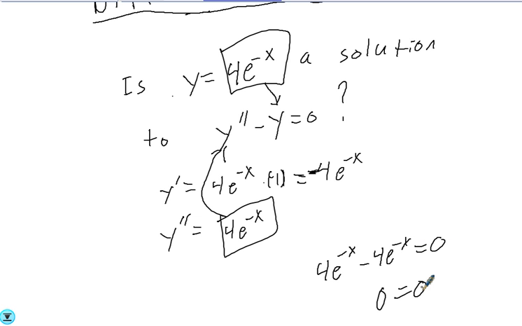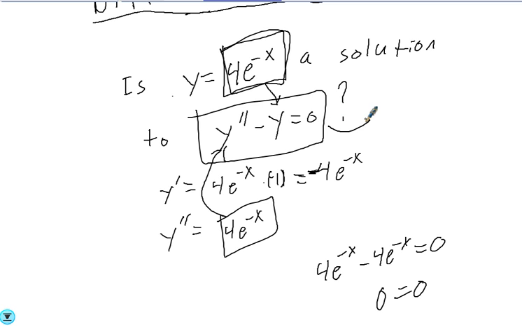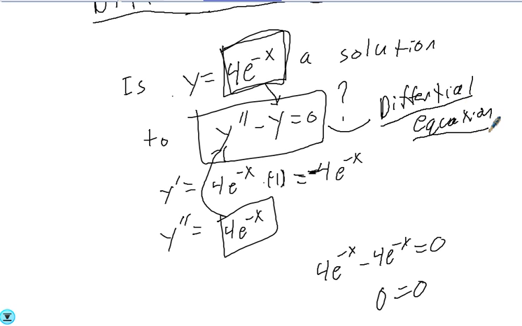So what that means is that this is a solution to this differential equation. And you shouldn't be apprehensive about this new term, differential equation. It's just an equation with derivatives in it. That's all that means.